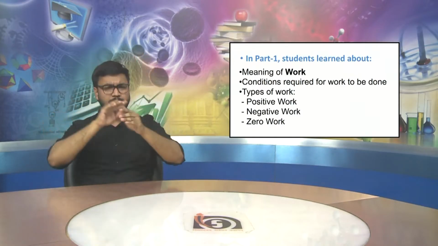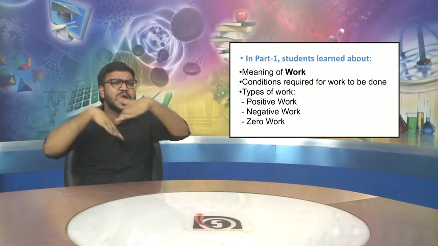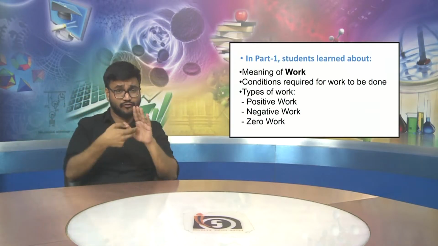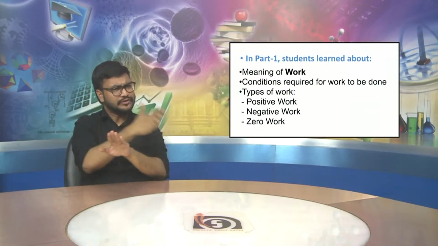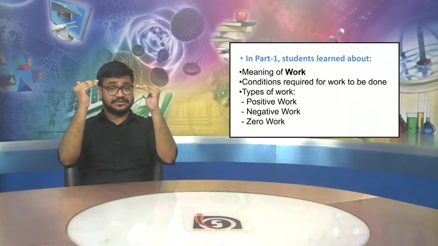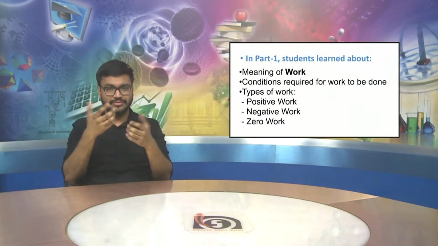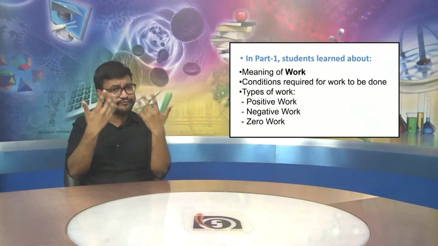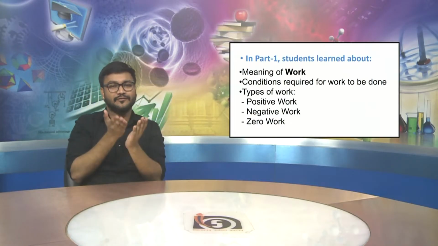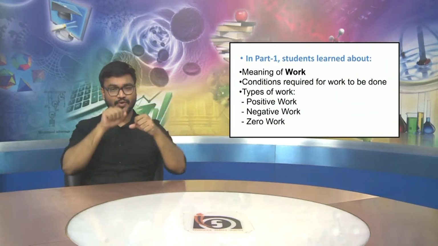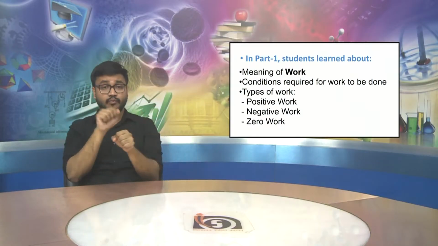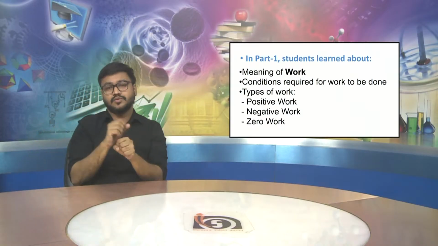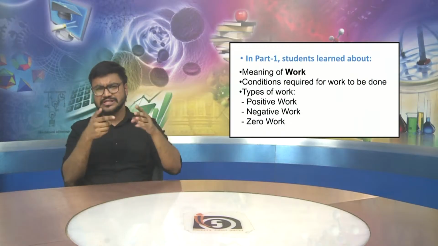In part 1 of this lesson, we have learned the meaning of work and the conditions required for work to be done, and types of work, which are 3 types: positive, negative and zero work.